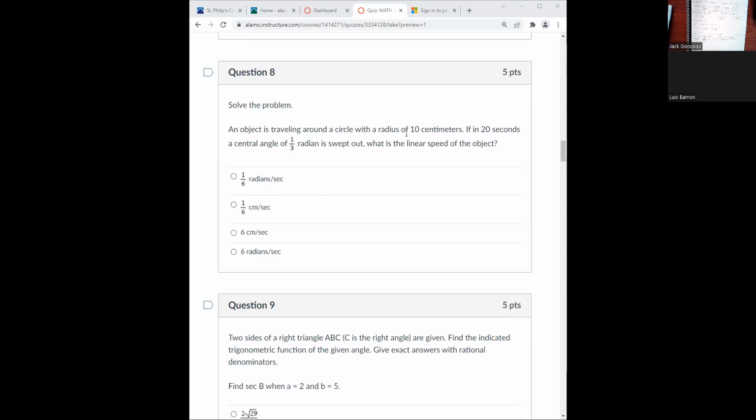An object is traveling around a circle with a radius of 10 centimeters. So r is 10 centimeters. If in 20 seconds, so time is 20 seconds, a central angle of 1/3 radian is swept out. So my angle theta is 1/3 radian. What is the linear speed?